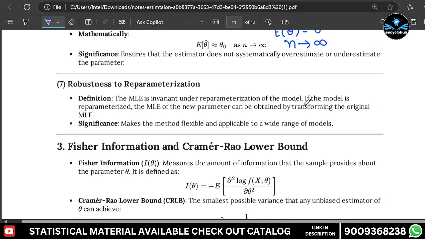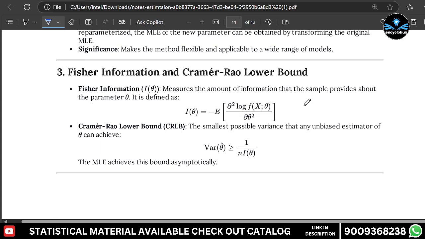Now the next, which is very useful in the Cramer-Rao lower bound, is Fisher information. Fisher information, denoted by I theta, measures the amount of information that the sample provides about the parameter theta. It is defined as I theta is equal to minus E of del square upon del theta square of log f(x, theta).